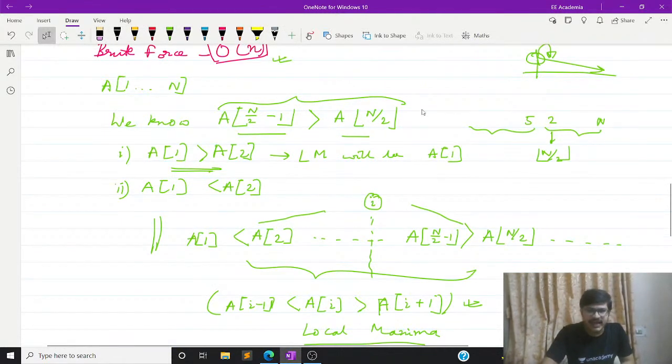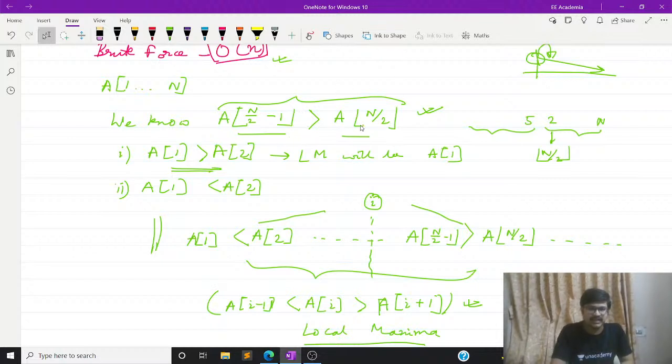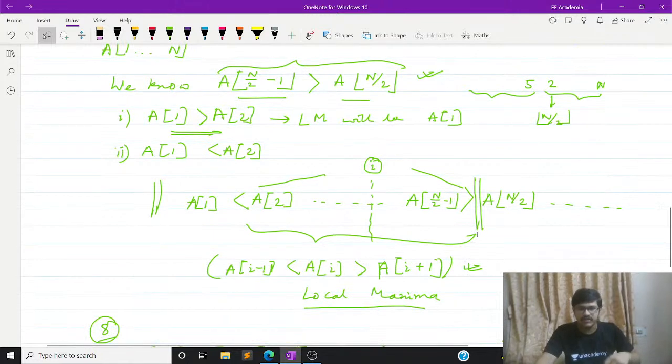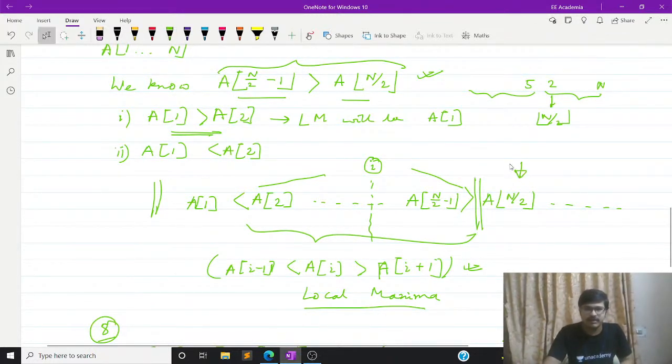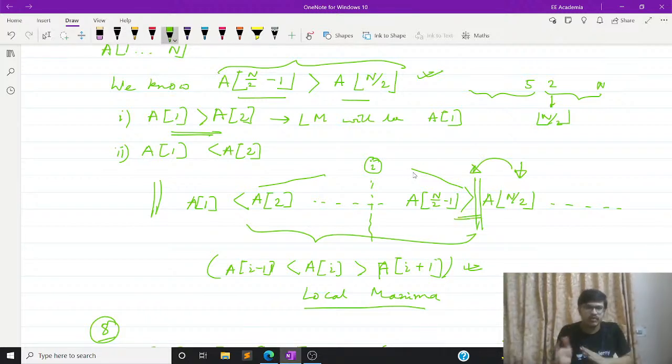If we divide the array in two halves and the previous element is greater than the middle element, then there must be a local maxima in the first half of the array. So this is the property we will use to solve this problem. So I check the middle element with the previous element. If this is greater than this element, then I know that there is a local maxima in the first half of the array.